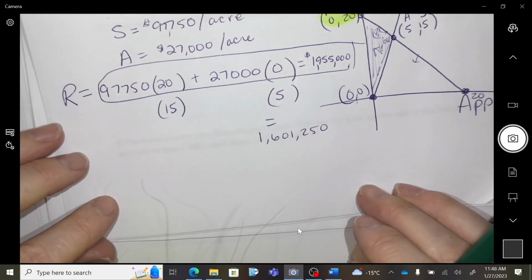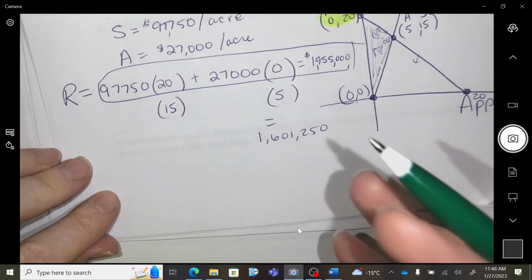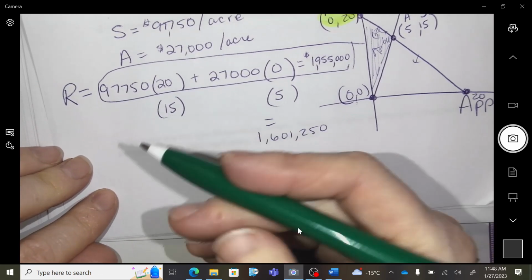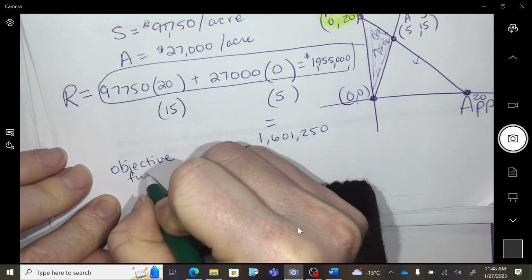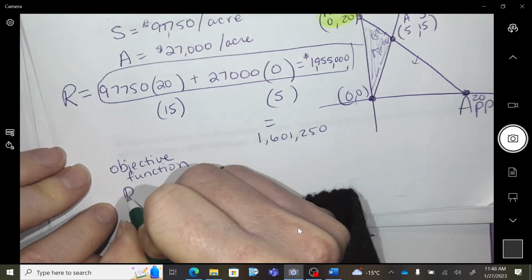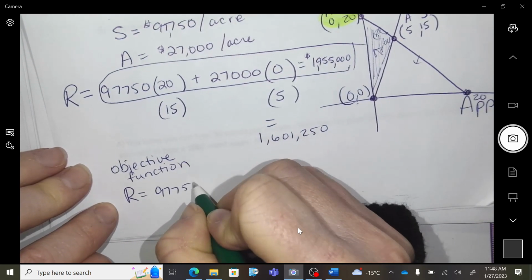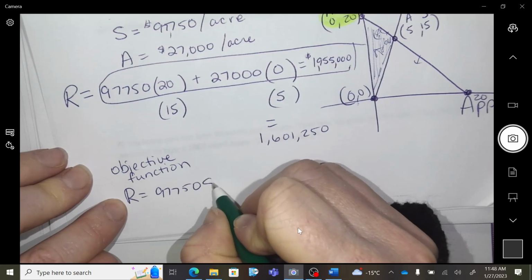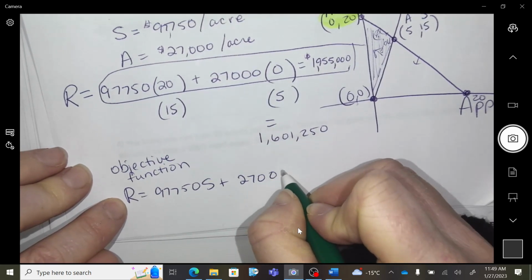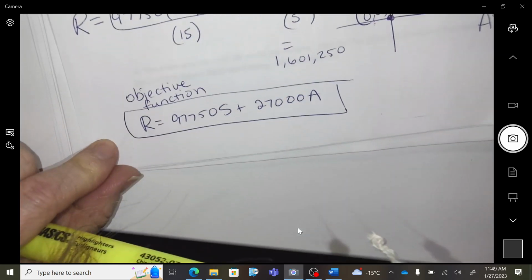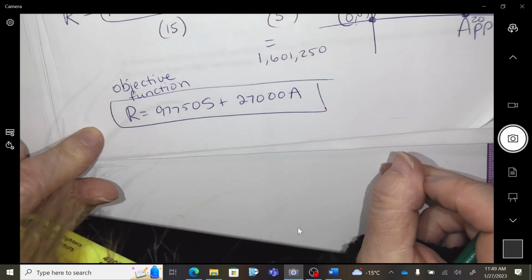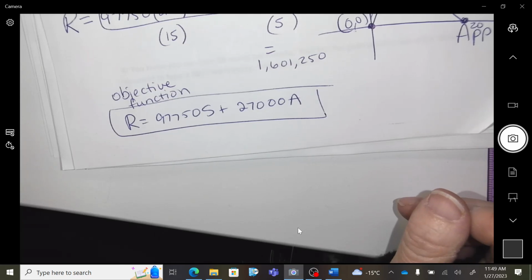I do say, what is the objective function? And you might be like, well, what does objective function mean? So this is the definition of my objective function. Like, what is the object?